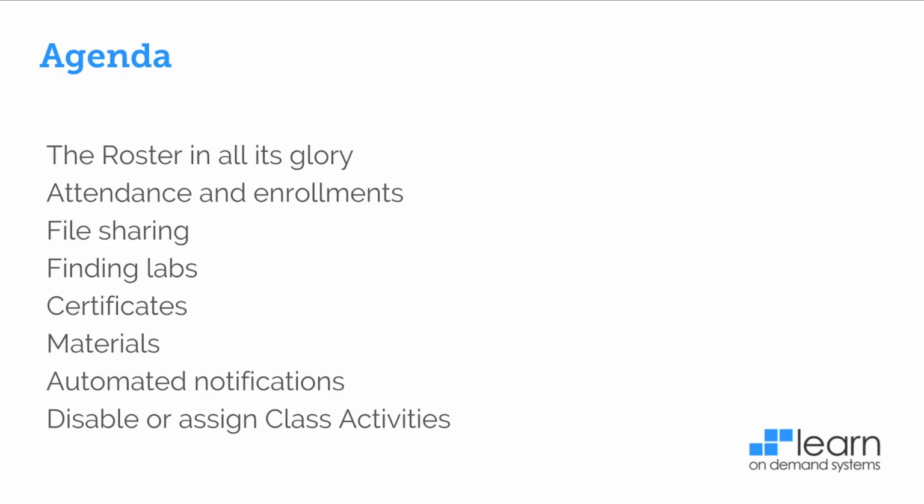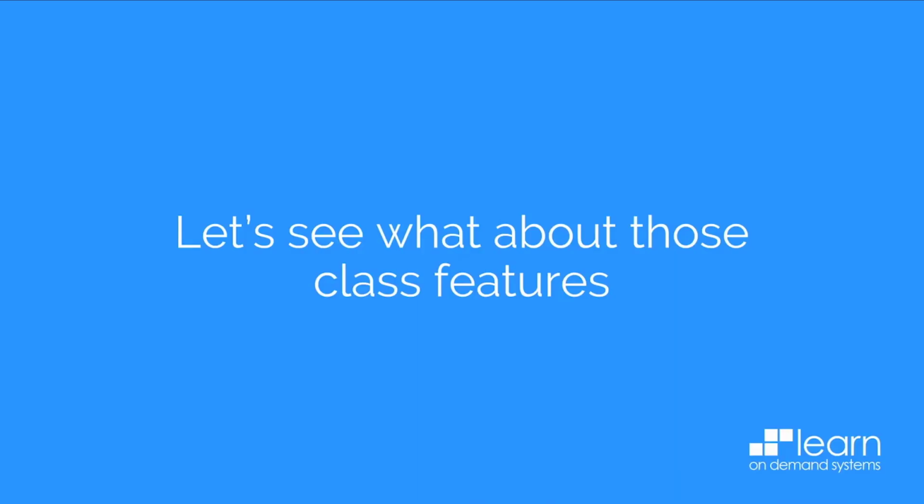We'll look at certificates and materials, and a little bit on automated notifications, and then how to disable and assign class activities. Basically, we're going to be looking through all the pieces that you can use in a class and managing that class. So let's go out and see about those features.